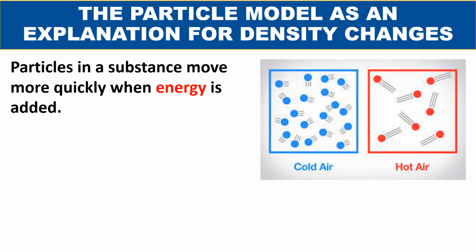So we're getting into one of the conclusions. I used warm water and cool water as an example. Same thing will happen for air too. If you look at the particles' movement, ladies and gentlemen, the particles in a substance move way more quickly when you have some kind of energy that is added. And the perfect example of added energy is, well, heat energy.